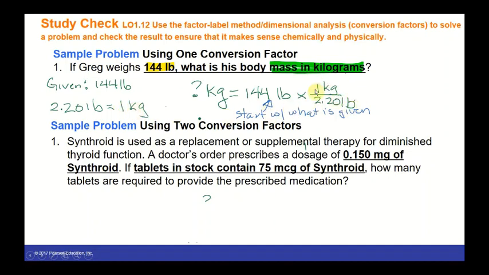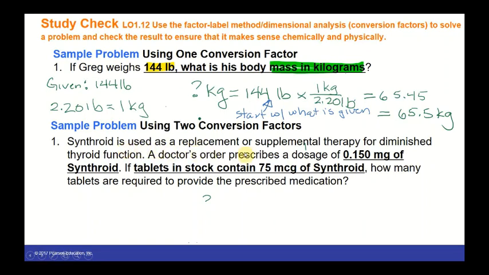Notice that we put kilograms on top and pounds on the bottom so that the answer we get is in kilograms. If we put this in the calculator, this is a shortened version of our answer, but how many significant figures do we need to have to make this answer correct? Correct, 3 sig figs.